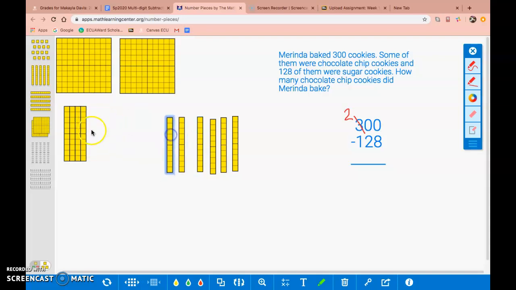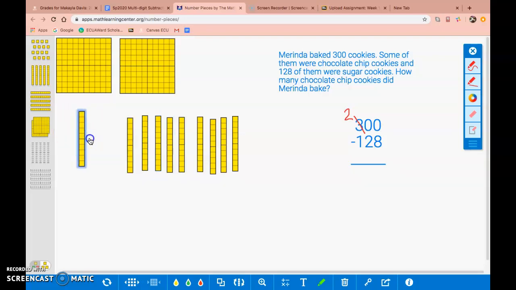And what that looks like is 10 groups of 10, because 10 groups of 10 make 100. Okay, so we're going to take away one group of 10, which will leave us with, let's count, 1, 2, 3, 4, 5, 6, 7, 8, 9. Okay, so we're left with 9.